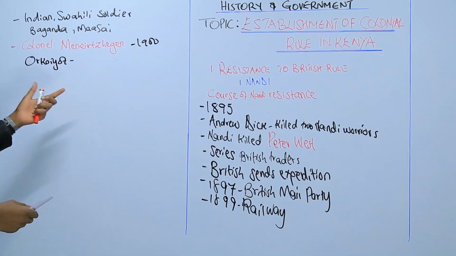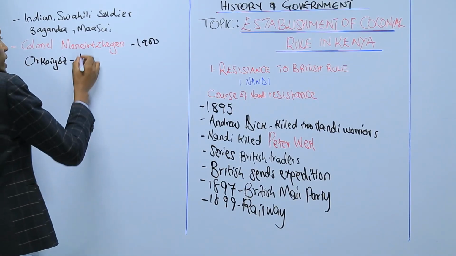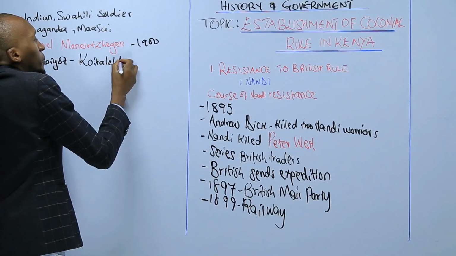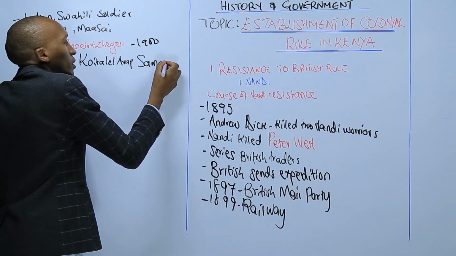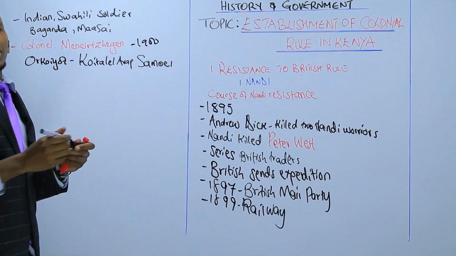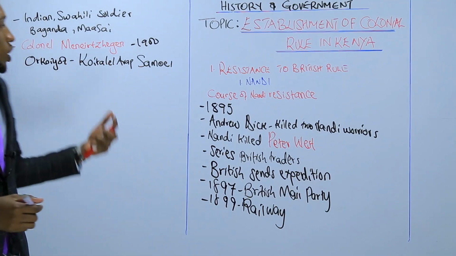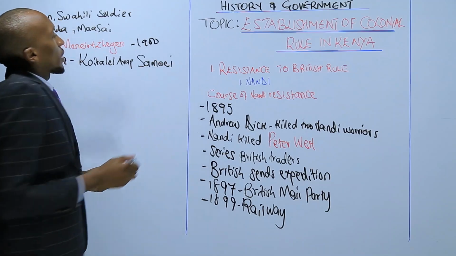So when he discovered the Orkoyot at that time, who was known as Koitalel Arap Samoei, right? And Arap means the son of. So the Orkoyot at that time, Koitalel Arap Samoei, this is an I, Samoei.